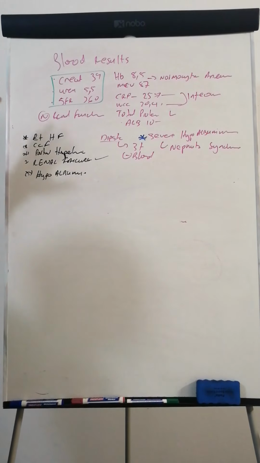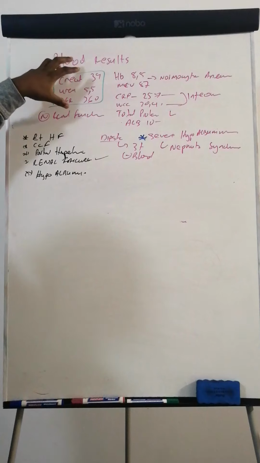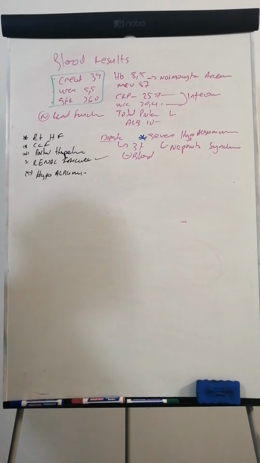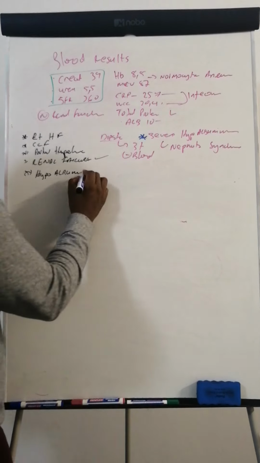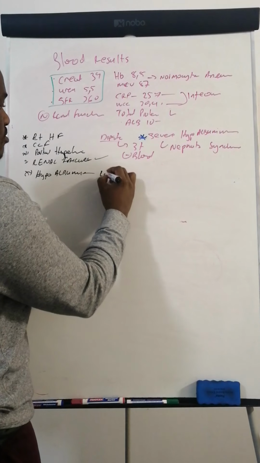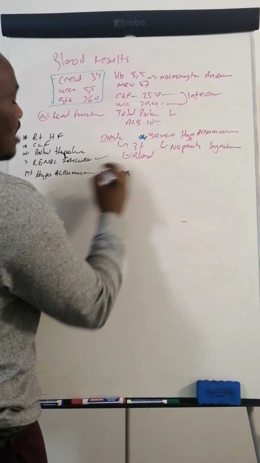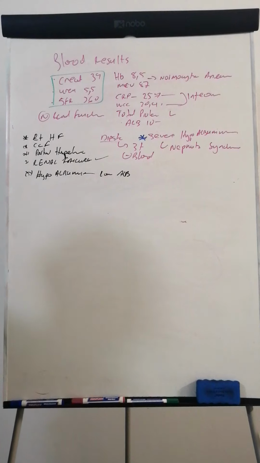But the fact that our urea was normal, she was able to rule renal failure or renal impairment out because of those. Now, the other thing that was left was this, but she didn't have portal hypertension features, she didn't have CCF or right heart failure. But our bloods did confirm that she's got a low albumin. So her cause for the anasaka or the swelling of the body was a low albumin.